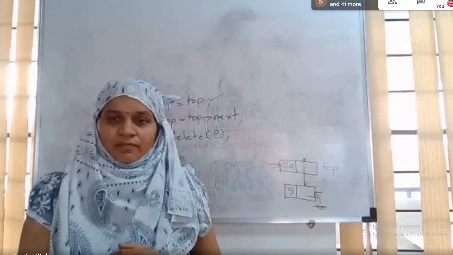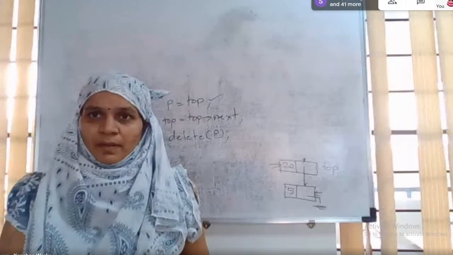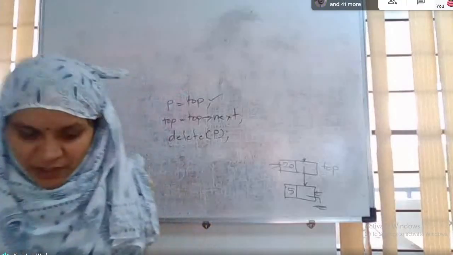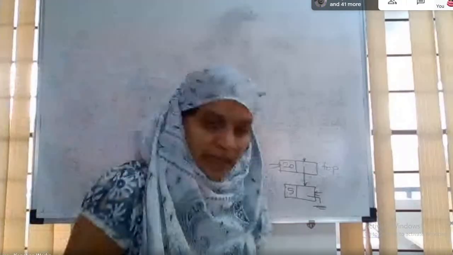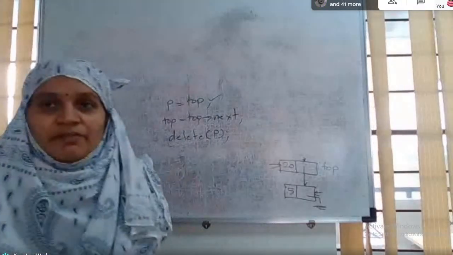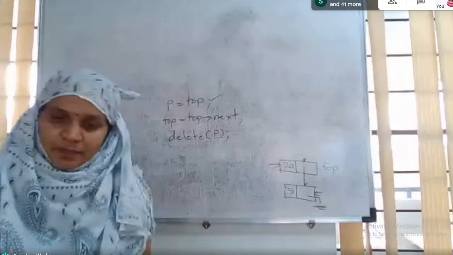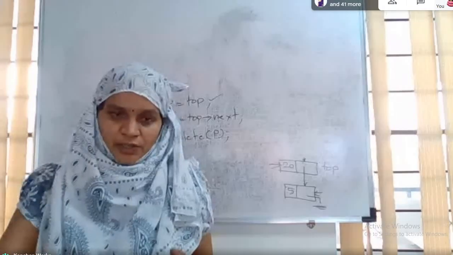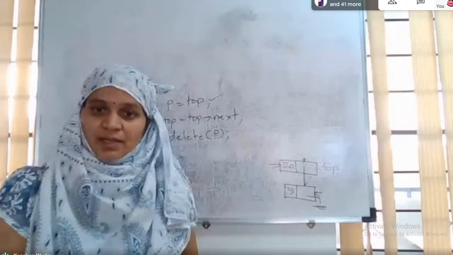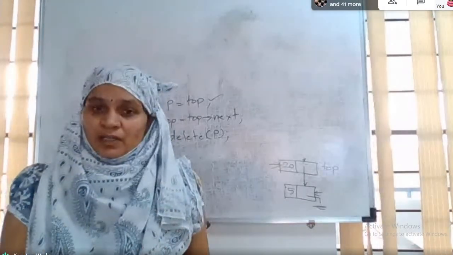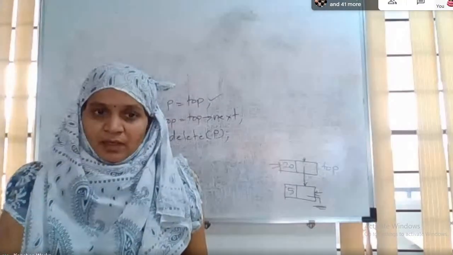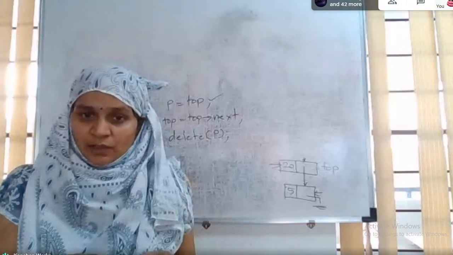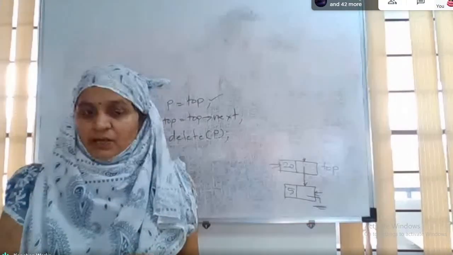Array had a size limit, and in linked list we can add nodes as many as we want. Major difference between array and linked list. When we are using an array for any purpose, we are using contiguous memory location. So we have to first of all mention the size of the array. But when we are using linked list, there is no binding on the size because we are creating nodes at runtime as and when required.